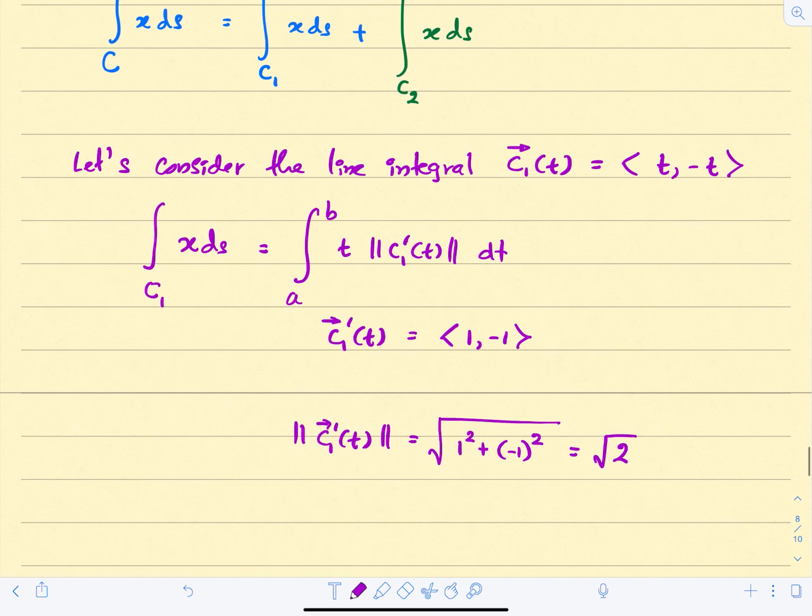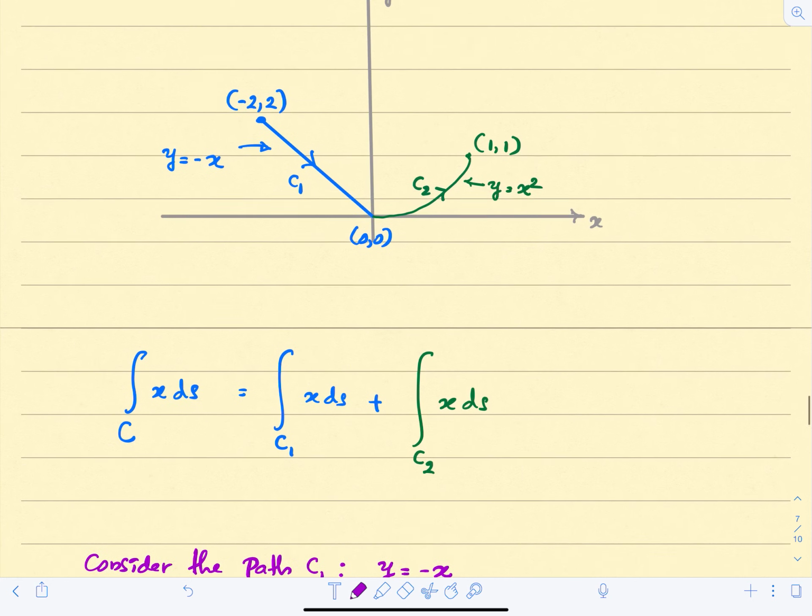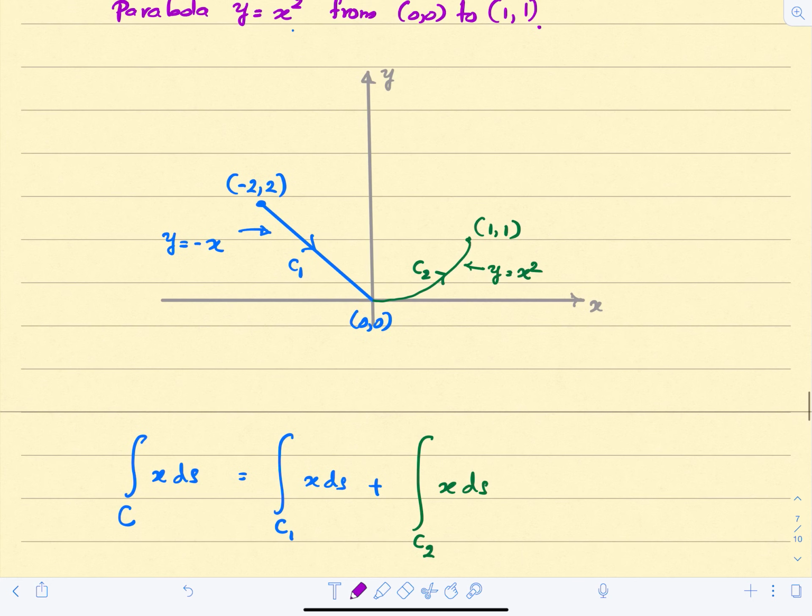Now what are the limits of t? If you go back to the figure, this is your initial point. This is the terminal point for the line segment C1.